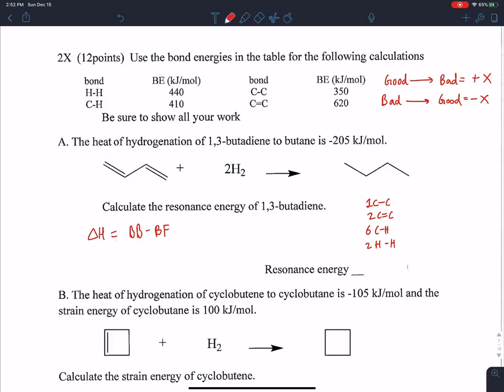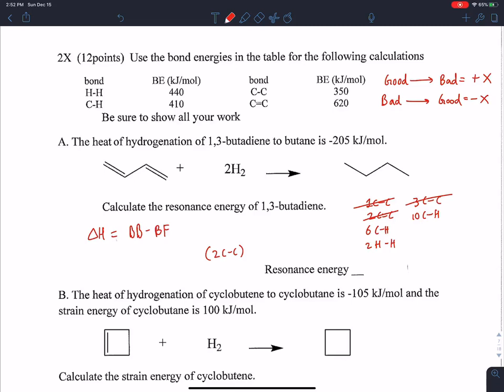Then at the end, I have 3 C single bond C. And I have 1, 2, 3, 4, 5, 6, 7, 8, 9, 10 CH, and that's it. So if we look at what happened, well, we had 1 CC and then we went to 3 CC. So 2 CCs were formed. So we're going to write this on this side, 2 CC. We had 2 C double bond C and then we didn't have those.